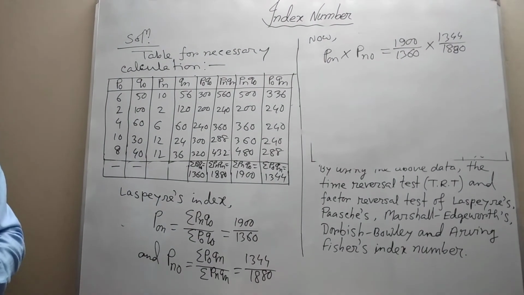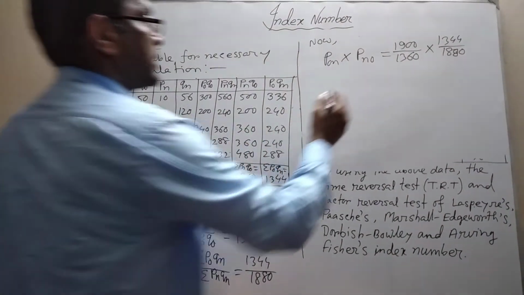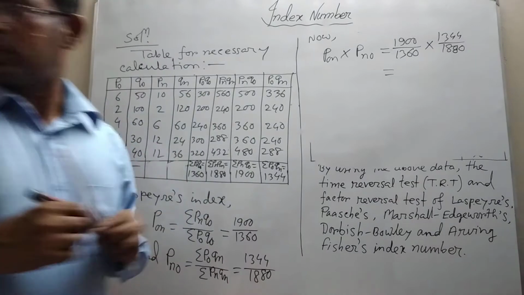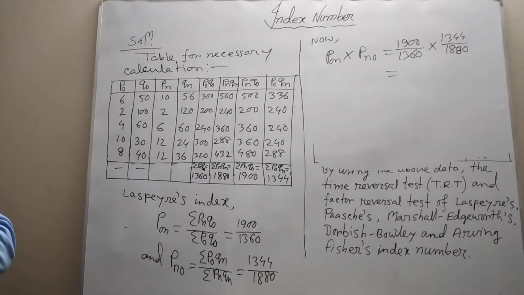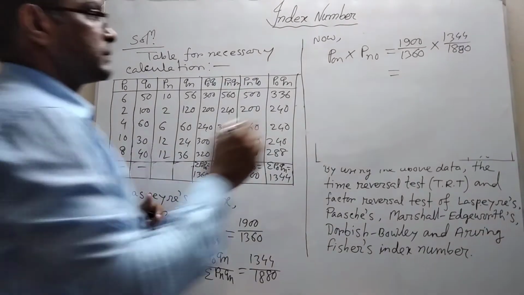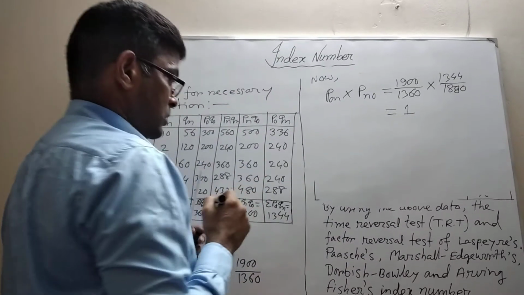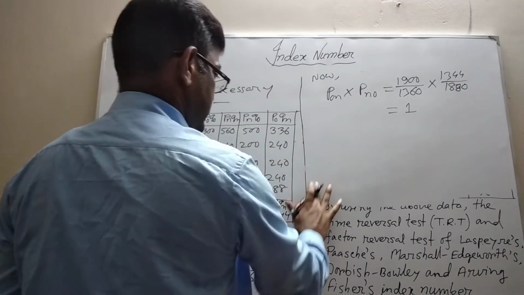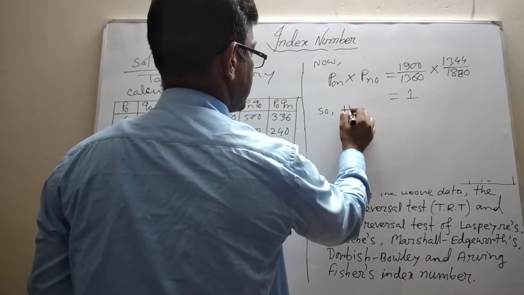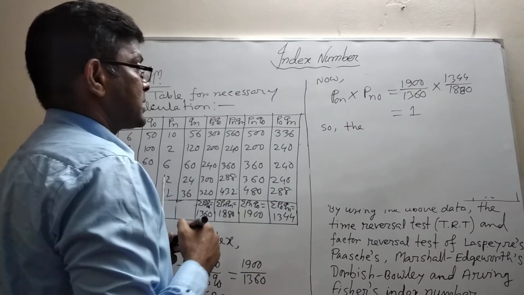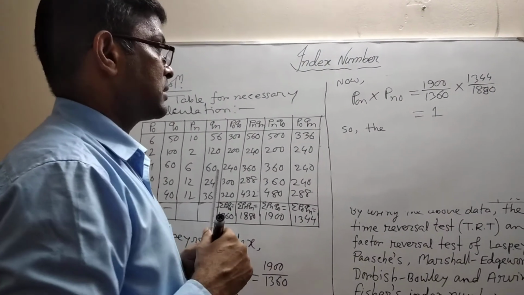Now the calculation is 1. So we can write, so the time reversal test of Laspeyres is satisfied.